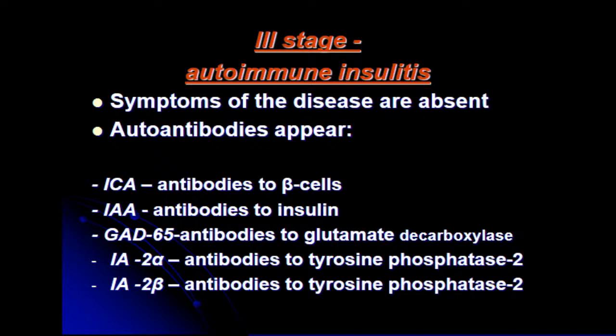Symptoms of the disease are absent. Autoantibodies appear. Autoantibodies to beta cells, autoantibodies to insulin, autoantibodies to glutamate decarboxylase, and the last one, autoantibodies to tyrosine phosphatase.